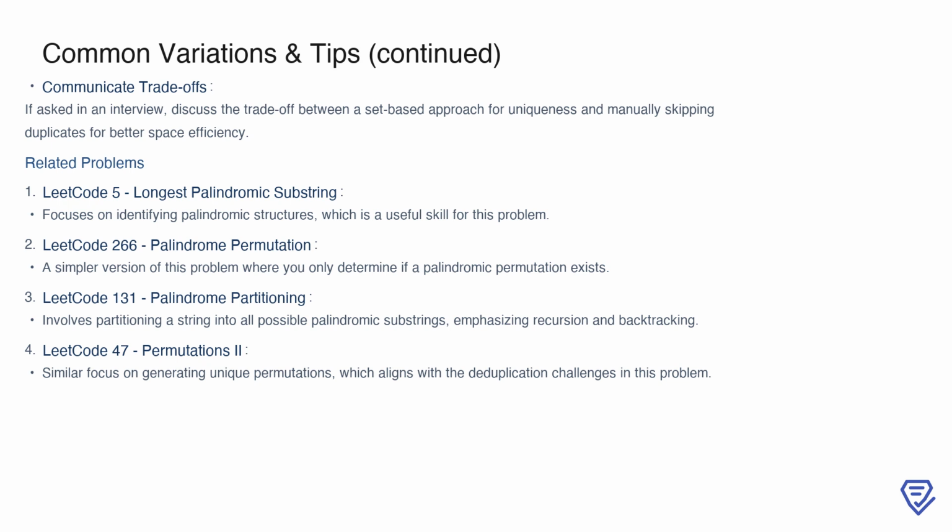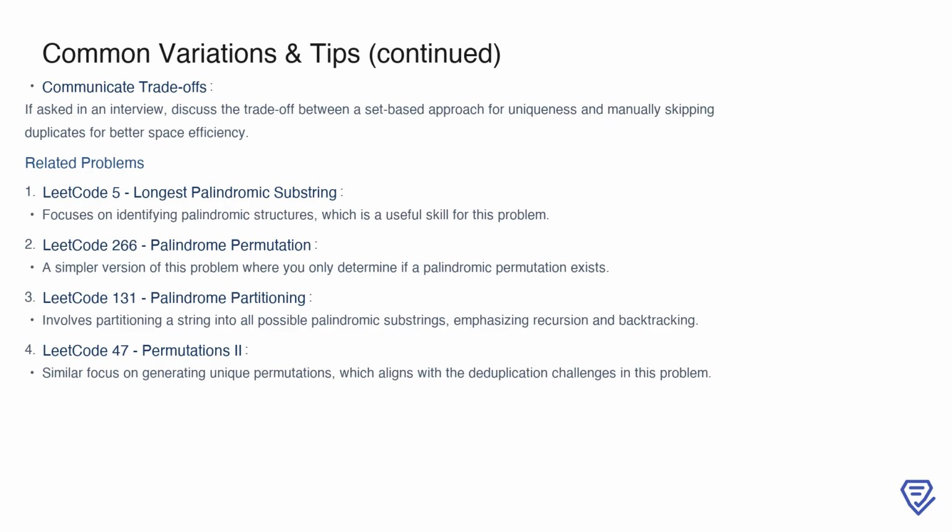In terms of related problems, there are a few LeetCode questions that align well with this one. LeetCode 5, Longest Palindromic Substring, focuses on identifying palindromic structures, which is a key skill here. LeetCode 266, Palindrome Permutation, is a simpler variation of this problem where you only need to determine if a palindrome permutation exists, without generating the permutations.